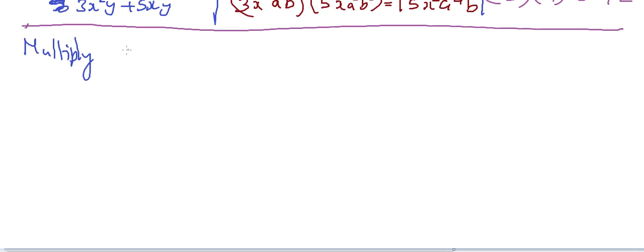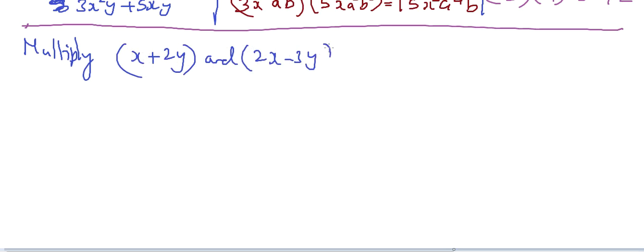So multiply x plus 2y and 2x minus 3y. So how to multiply?